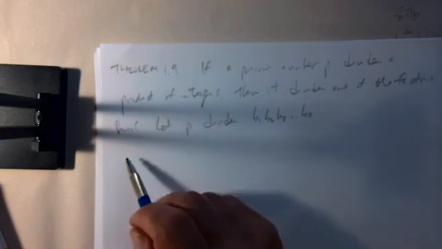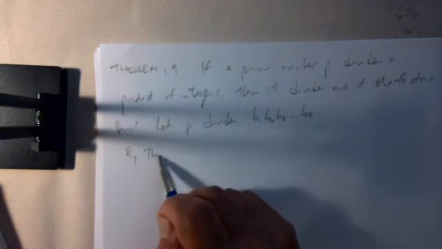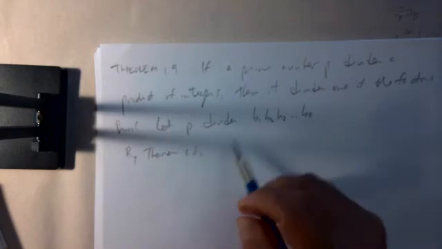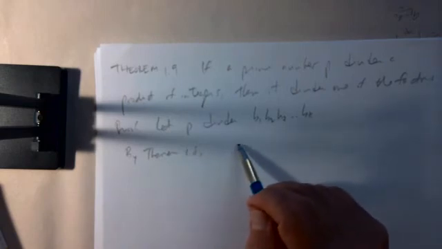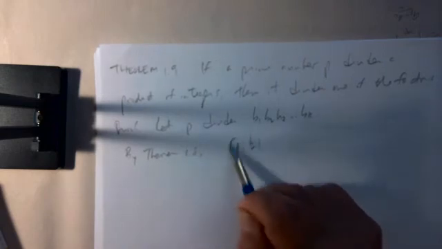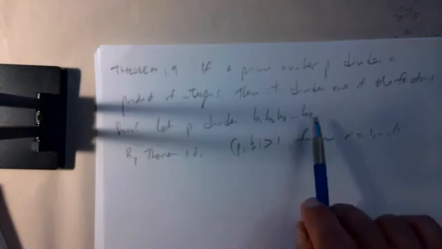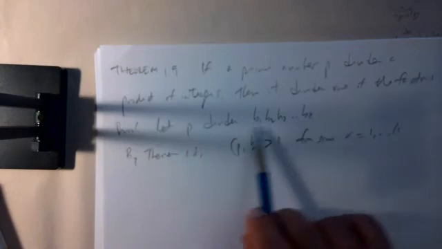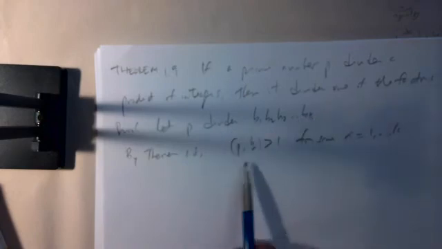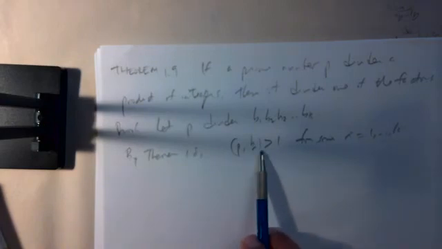Now, by the theorem we just proved, 1.8, the greatest common divisor of P and B sub I has to be bigger than 1 for some I between 1 and K. Because if P were relatively prime to each of these integers, it would be relatively prime to the product. But P divides the product, so it can't be relatively prime to each of them.